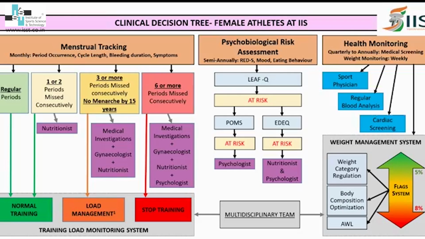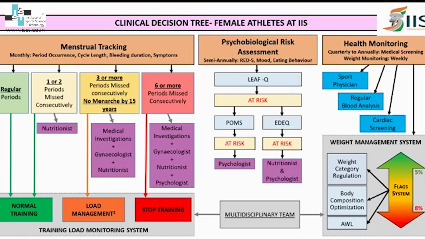Semi-annually we do a psychobiological assessment for the athlete, which mostly consists of questionnaires that we fill up with an athlete to identify whether or not they are at risk of female athlete triad, mood disturbances, and eating disorders. And thirdly, on the right top of my screen, is health monitoring, which is done quarterly to annually. So the system is basically running in three categories: a monthly system, a semi-annual system, and an annual system.